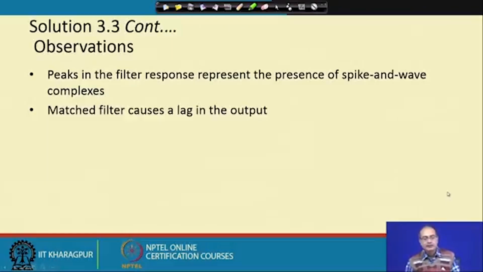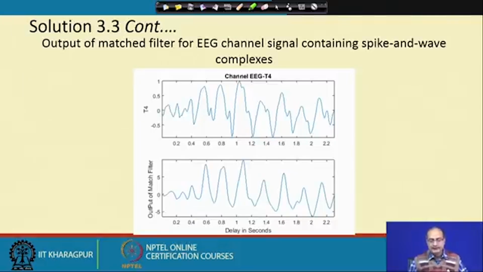So, now we summarize: the peaks in the filter output signify that we have the spike and wave complexes. However, another thing we should look at is that in any of the signals there is a lag. Wherever the spike and wave is there, if we look at the peaks, we will see that the peak is occurring a little later.